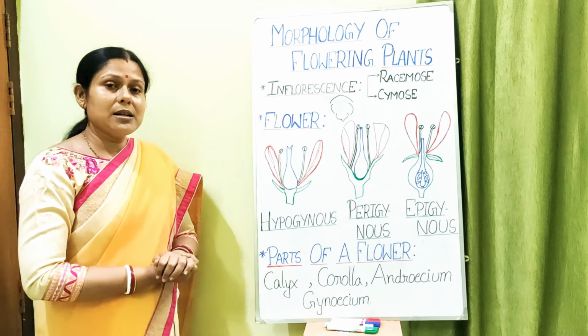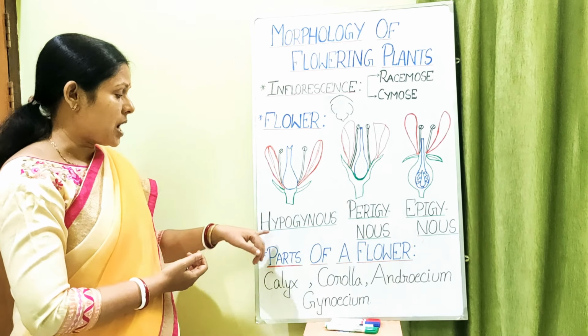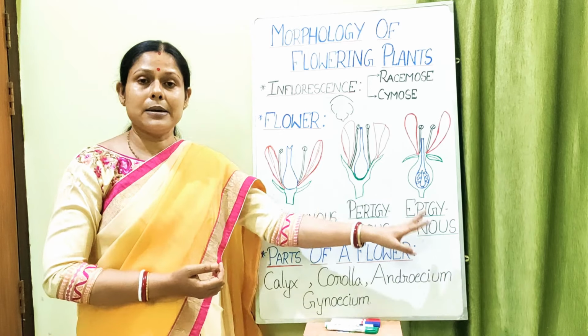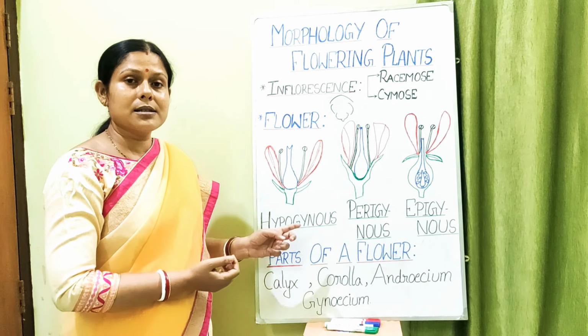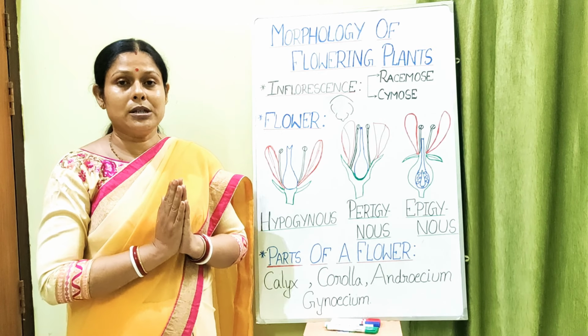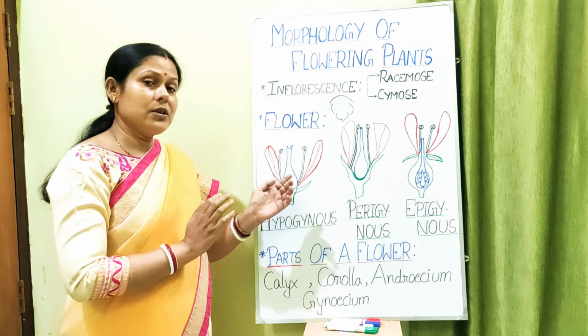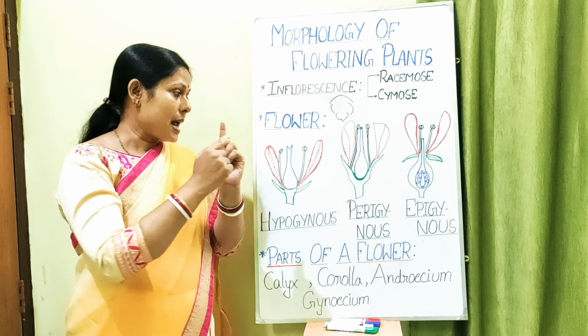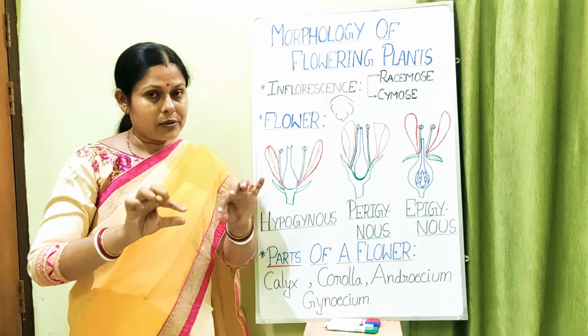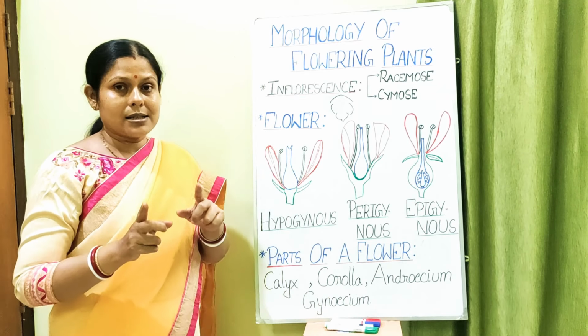Depending upon the position of the gynoecium, flowers are of three types: hypogynous, perigynous and epigynous. Hypogynous flowers are those in which the ovary or the gynoecium is superior. Now what do you mean by superior? That means it will be at the top and the other floral members will come from the bottom of the gynoecium. Try to understand what I am telling.